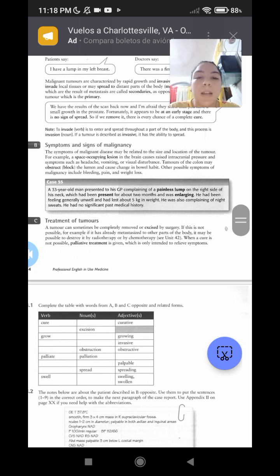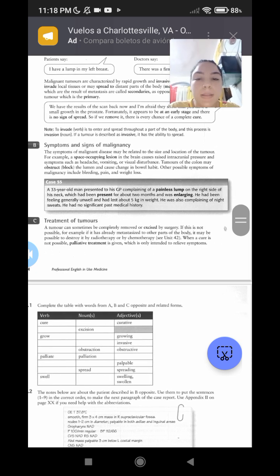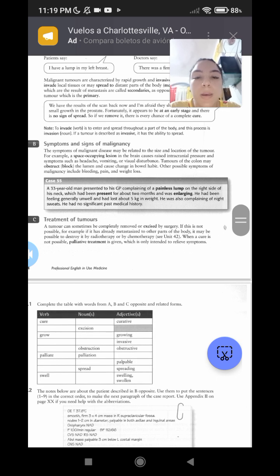Symptoms and signs of malignancies. The symptoms of malignant disease may be related to the signs and location of the tumor. For example, a space-occupying lesion of the brain causes raised intracranial pressure and symptoms such as headache, vomiting, or visual disturbance.